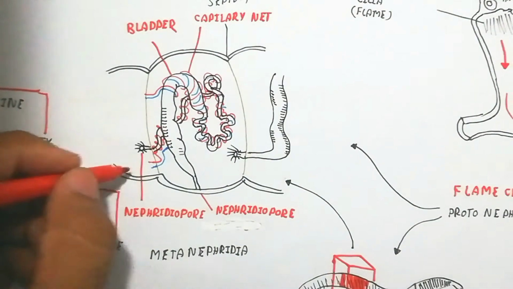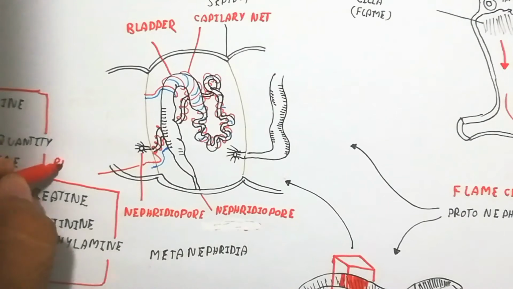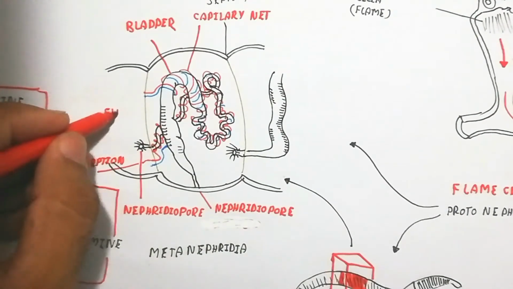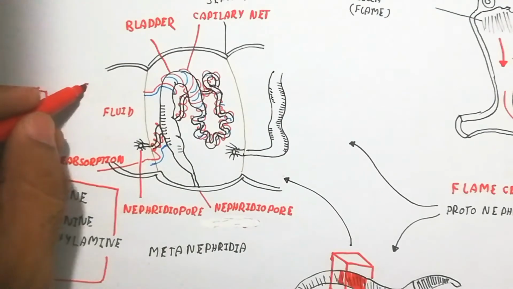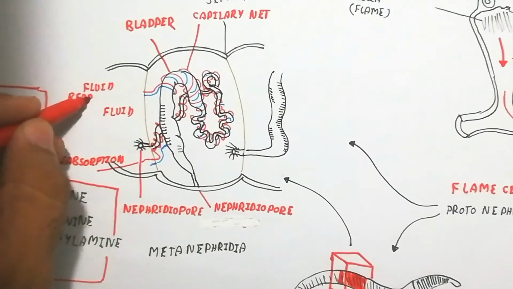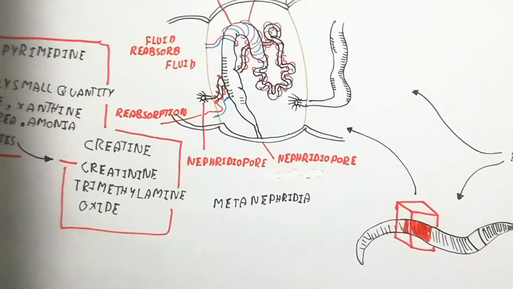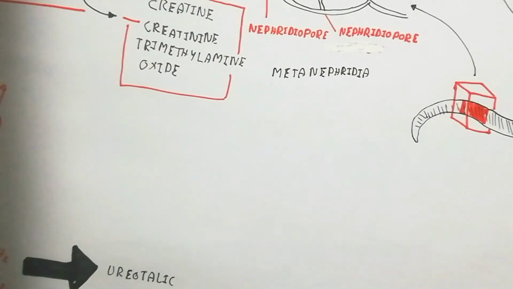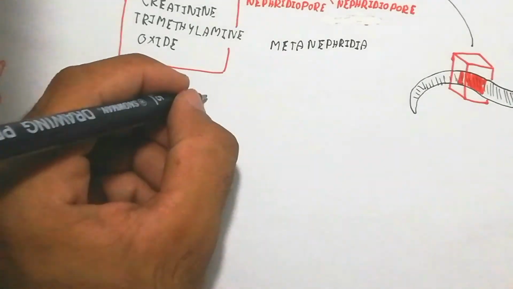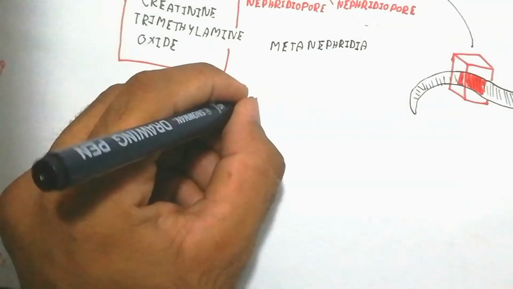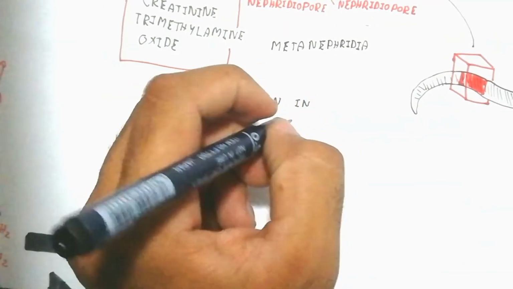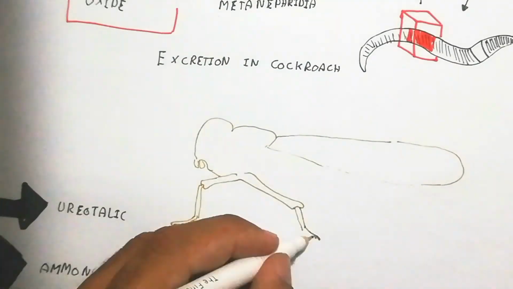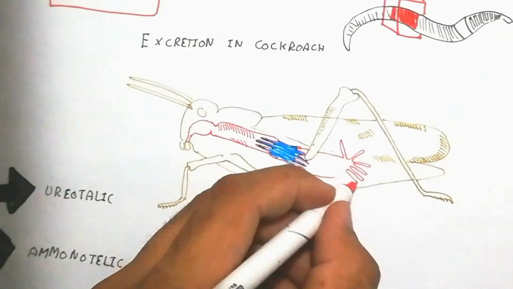The fluid is reabsorbed through the blood vessels. That's easy to understand. Metanephridia means many nephridia are present in the same organism.